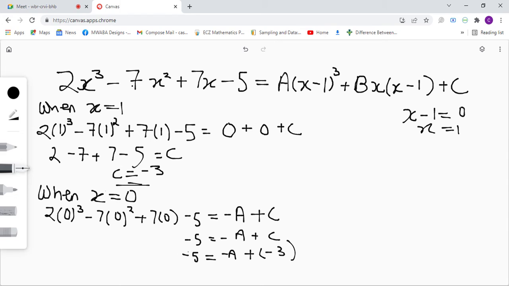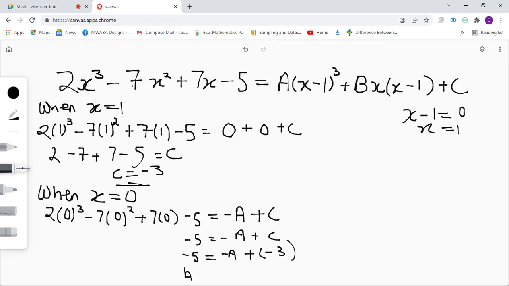We'll take negative 3 over to the left-hand side. Or what we can do is take negative a over to the left-hand side so it becomes positive. Then negative 5, we take it over to the right-hand side, all right? So we'll take negative a to the left-hand side.